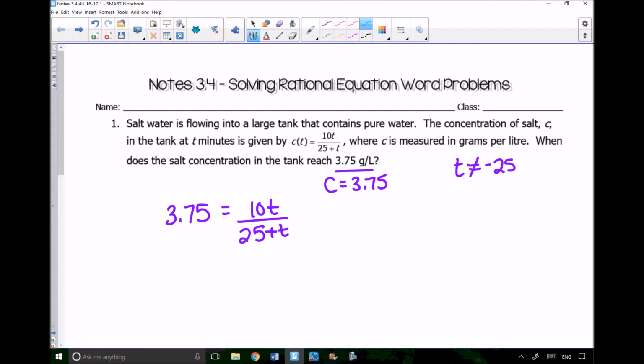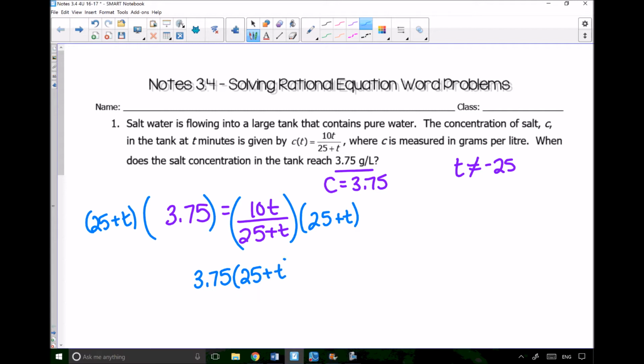Now we learned that to get rid of this denominator, I can just multiply both sides by 25 plus t. So when I do that, I have a 3.75 on the outside times 25 plus t, and these expressions will cancel out, so I get 10t.